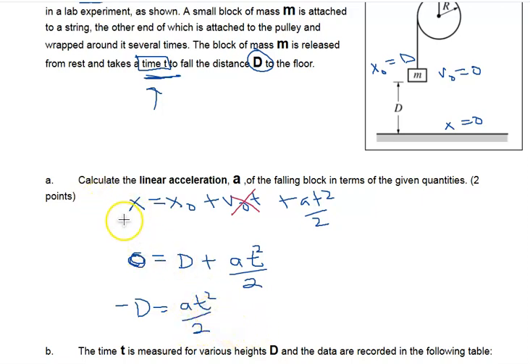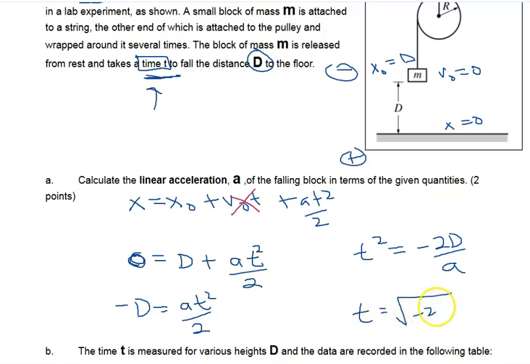But I don't like that in their PDF rubric they called X final D. They called down positive. So I think we're going to be fine. So assume A is negative. So T squared is going to be minus 2D over A. So T is the square root of minus 2D over A.